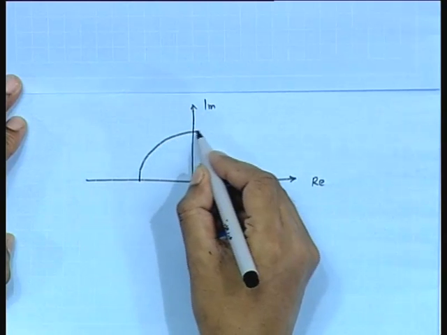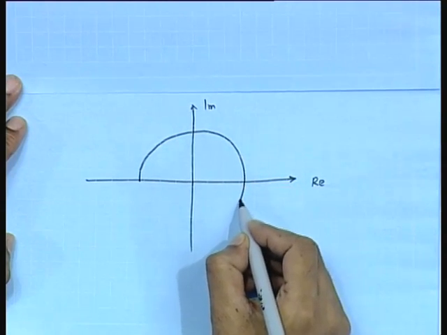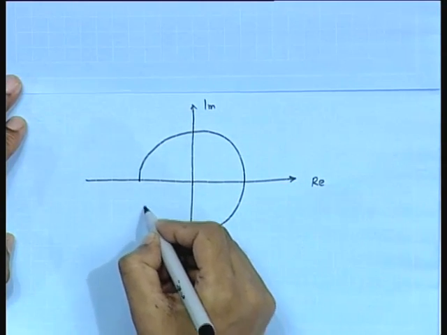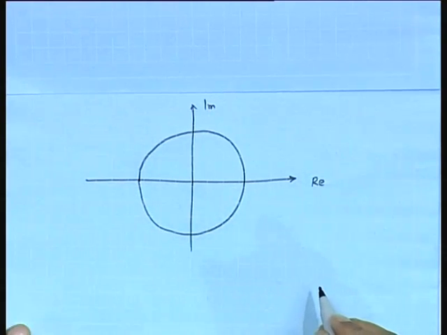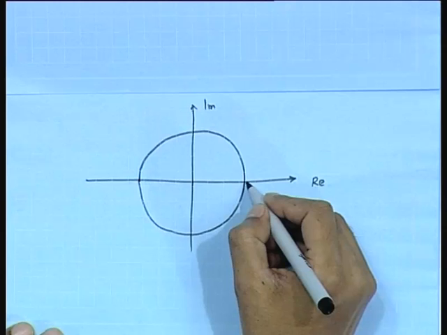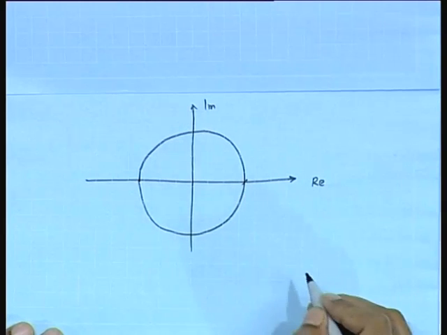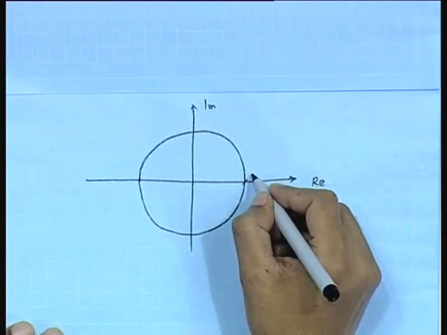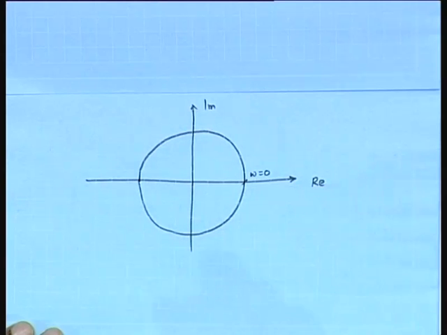This is the unit circle. When amplitude ratio is equal to 1 and phi is equal to 0, we get this point. So, when omega is equal to 0, the polar plot should start from this point.